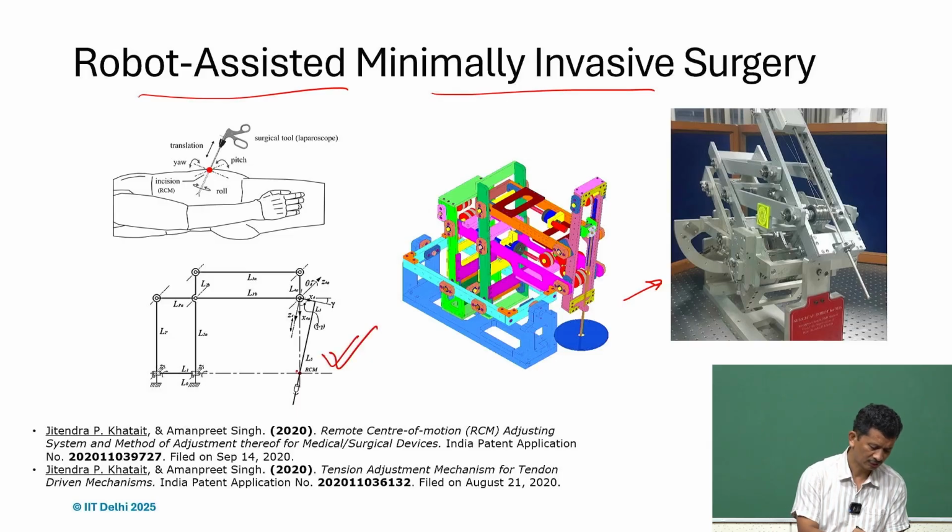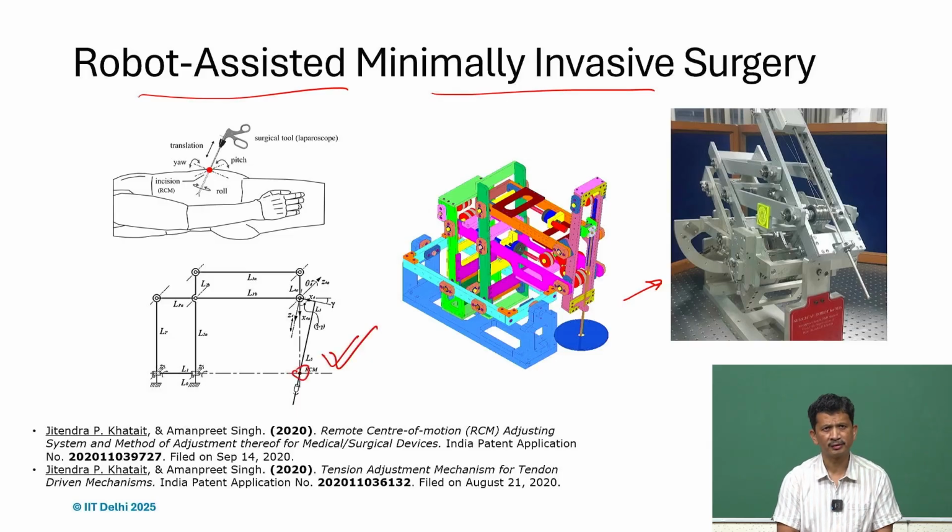And what is good about it is there is an RCM, remote center of motion, which can be aligned to the insertion point of the patient. So when we insert the instruments here, the hole is fixed by the design. It's not supported on the patient, but is supported by the mechanism itself.